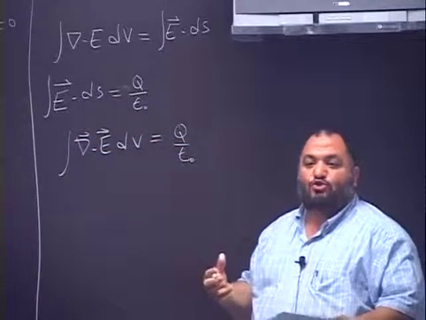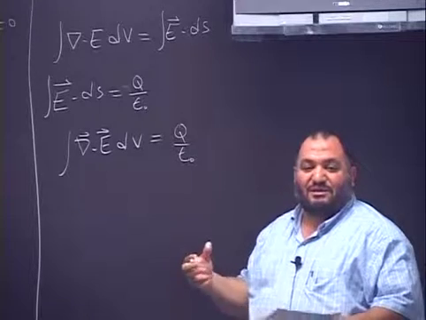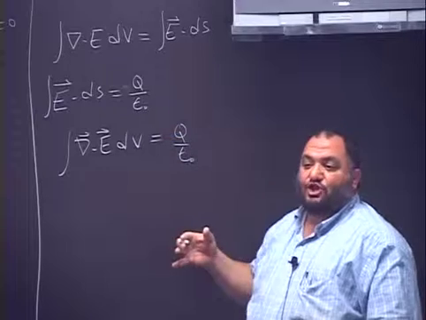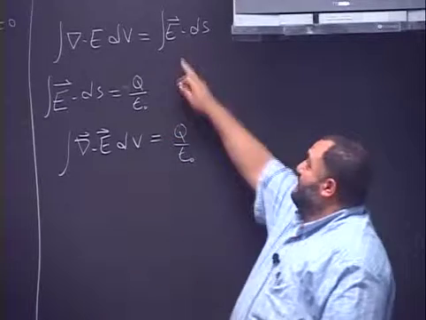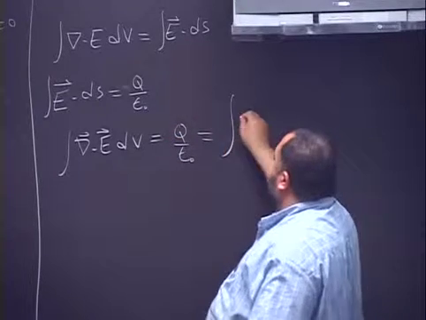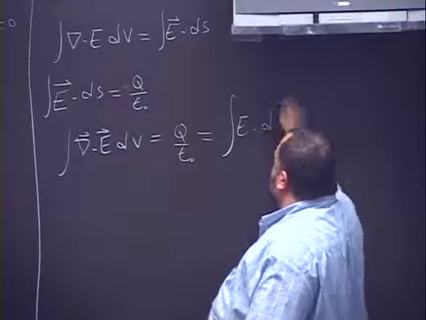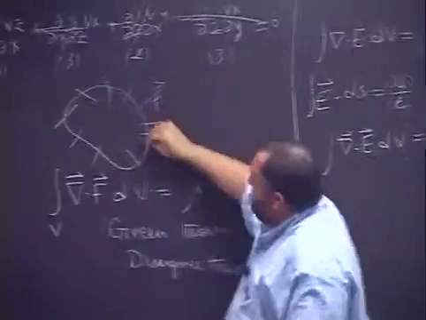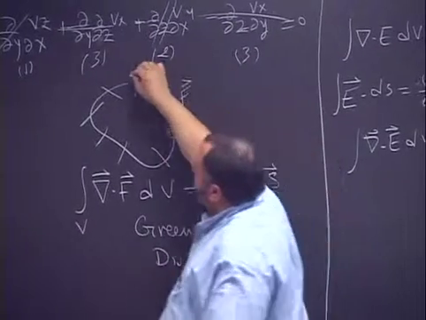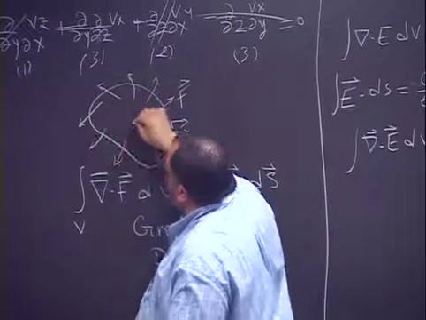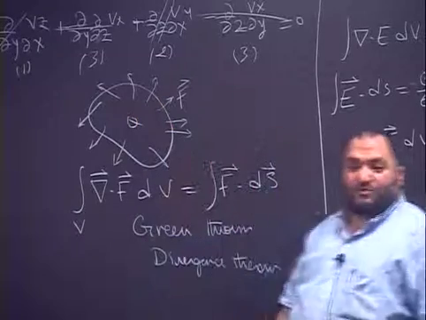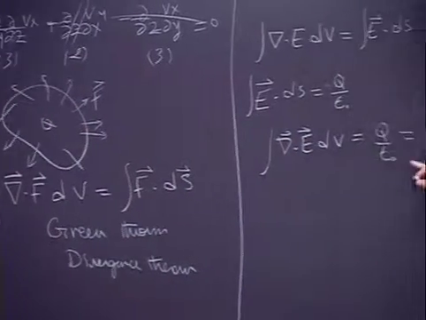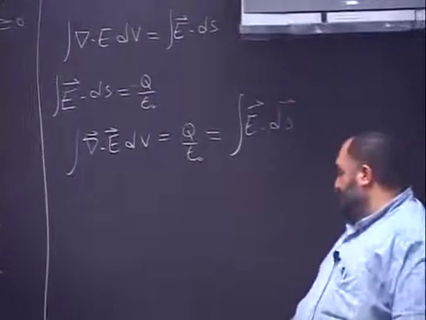So the source of the electric field inside this volume is coming from what? The total charge inside this volume. And it tells me that the electric field coming out from the volume is because of the existence of certain charge inside this volume. Okay? So this is Maxwell, this is the Gauss law for electrostatics.